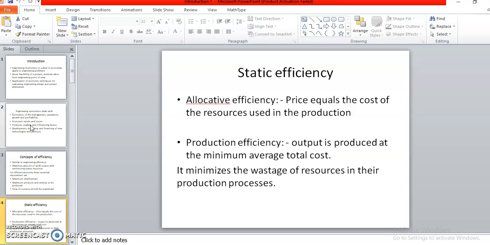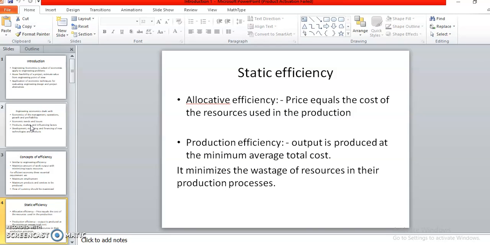product and the price of that product are equal to each other. It means whatever the price of that product and whatever the cost to prepare that product or service are equal, then we can say it is allocative efficiency. In this case, economic welfare is maximized.